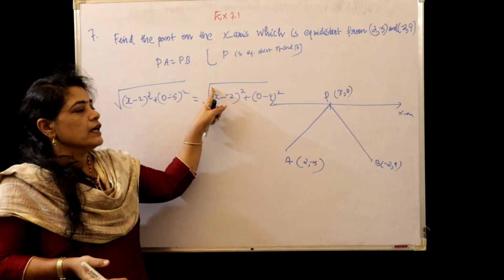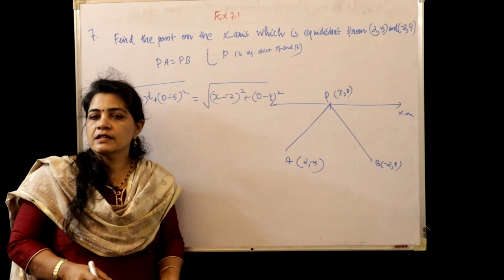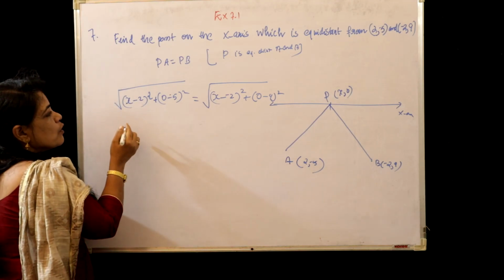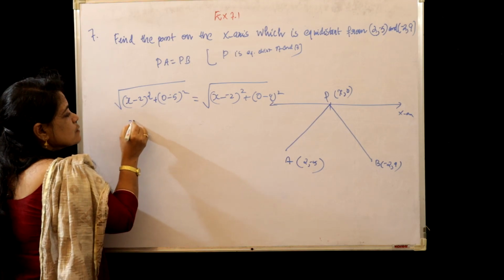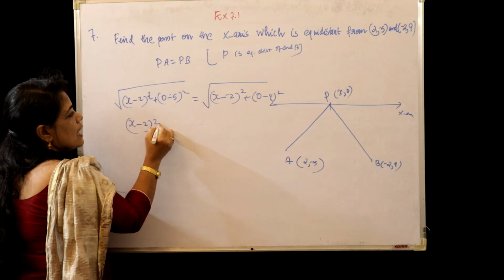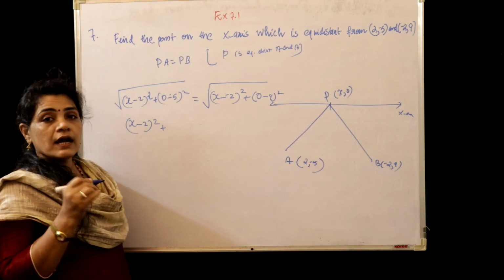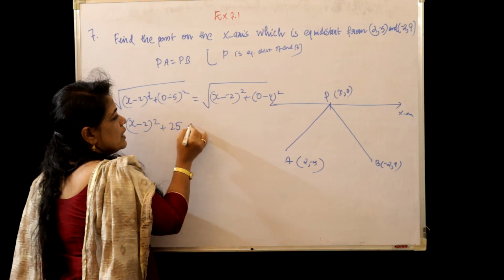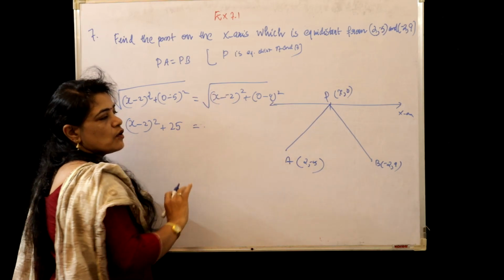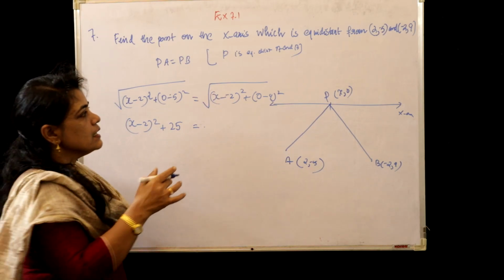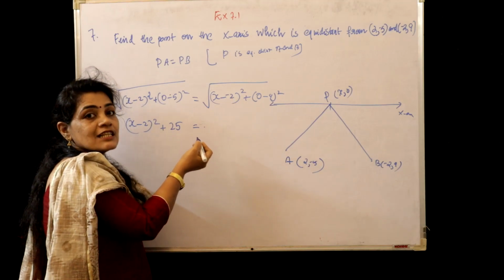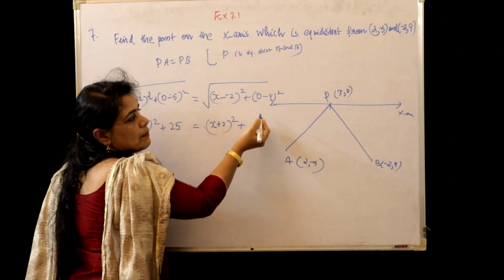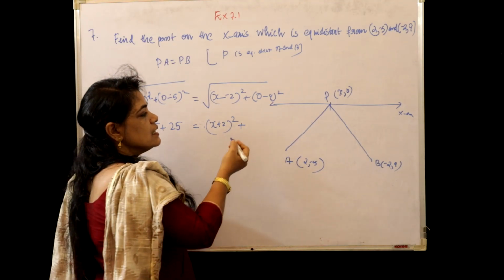See, on both sides we can see the square root. So in order to eliminate the square root, we can square on both sides. We get x minus 2 whole square plus, see children, minus of minus becomes plus, so 5 square is 25, equal to, after squaring the square root gets cancelled and minus of minus 2 is plus 2, so x plus 2 whole square plus minus 9 square, that is 81.